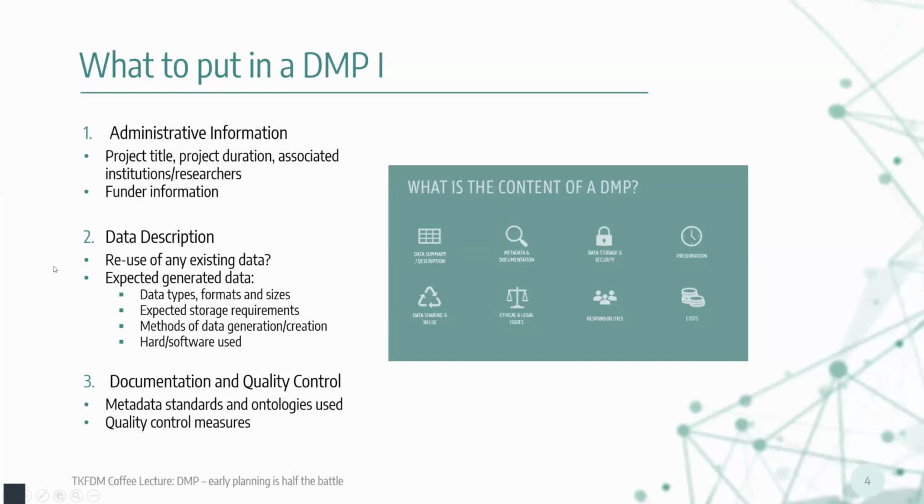So, what are you going to do to make sure that your research data is going to be of a high quality, and then you document that in your data management plan. Also, you're going to want to document in the DMP which tools will be necessary to reuse your data after the project has ended.